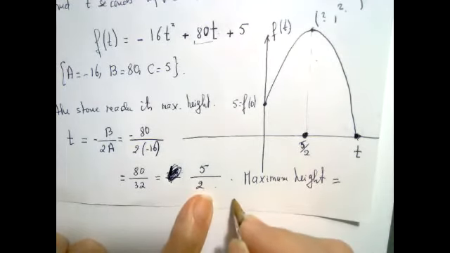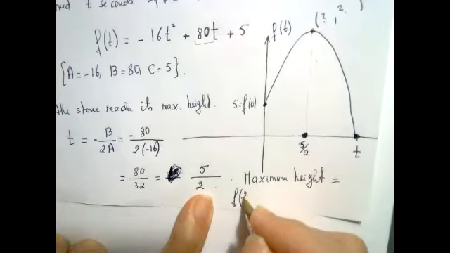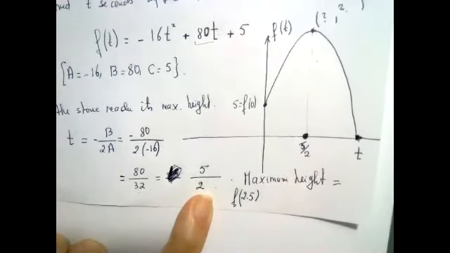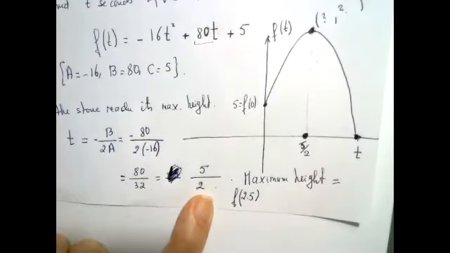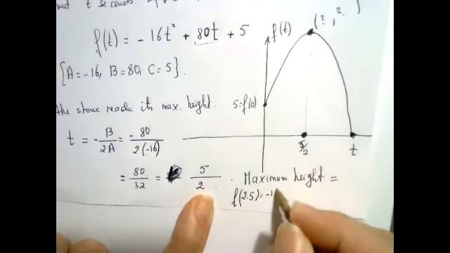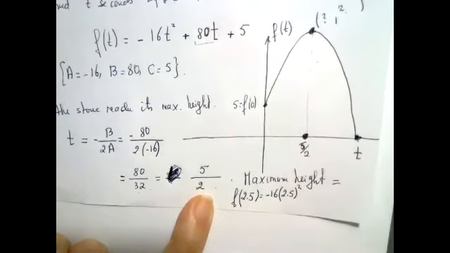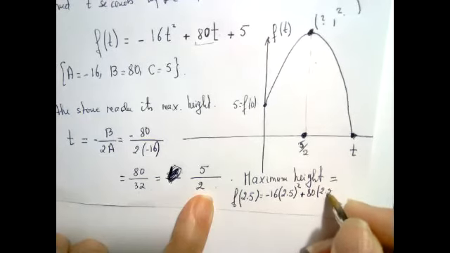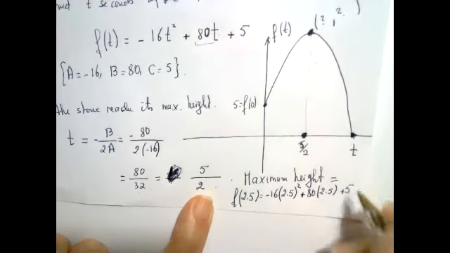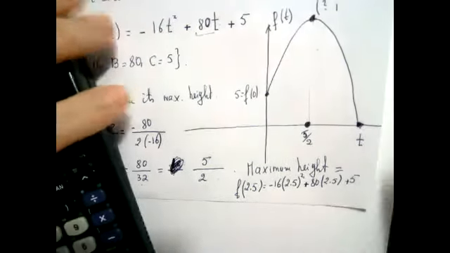So we have to find the maximum height. I have to plug in 5 halves or 2.5 into the expression of the function. So I will get minus 16 times 2.5 squared plus 80 times 2.5 plus 5. Okay, and this time I'm not asking you to give me the answer as one fraction, so we can just evaluate this.